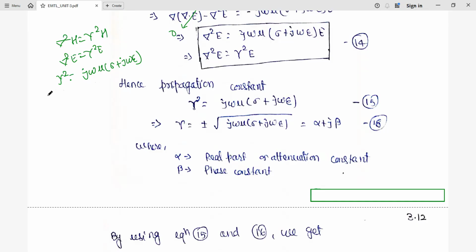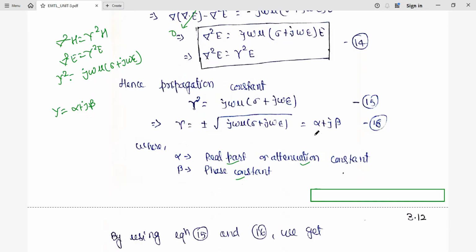So now to take gamma, the square root will come on the right side, and it will come with the plus minus sign, since minus 1 square is also 1, plus 1 square is also 1. So finally, here we have gamma, that one we are taking as alpha plus j beta. So alpha is the real part, also called the attenuation constant, and beta is the phase constant.